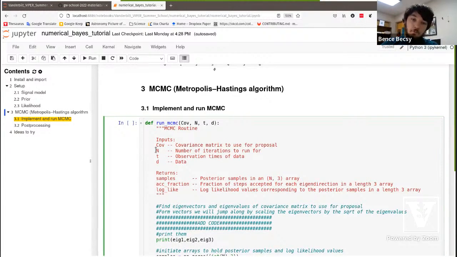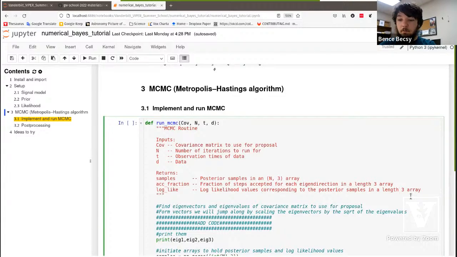And this function in the end should return the posterior samples, which will be an n by 3 array because we have 3 parameters, and we have 1 sample for each of our n iterations. It will also return log likelihood values for each of these samples.